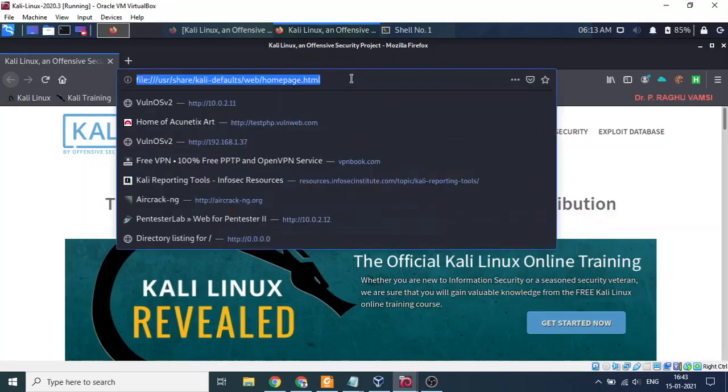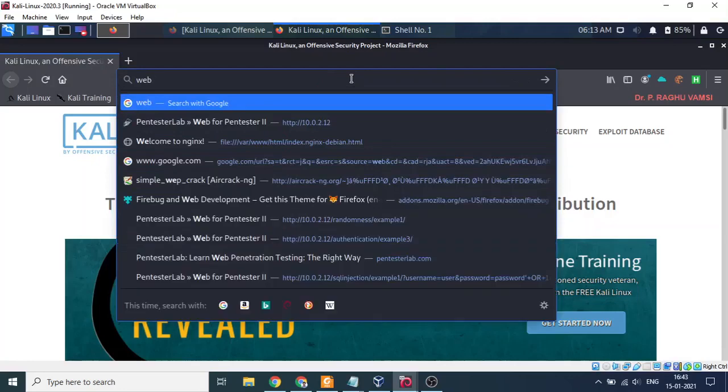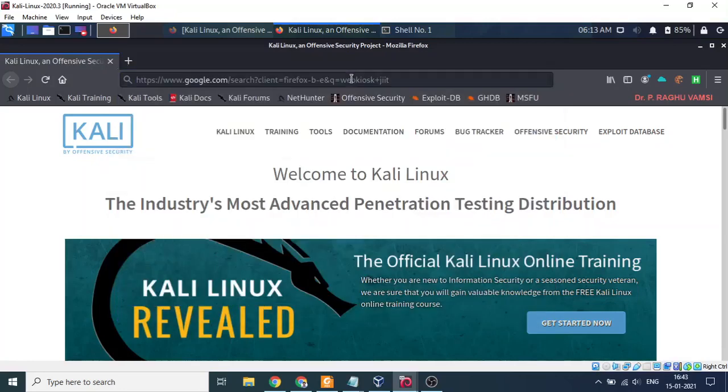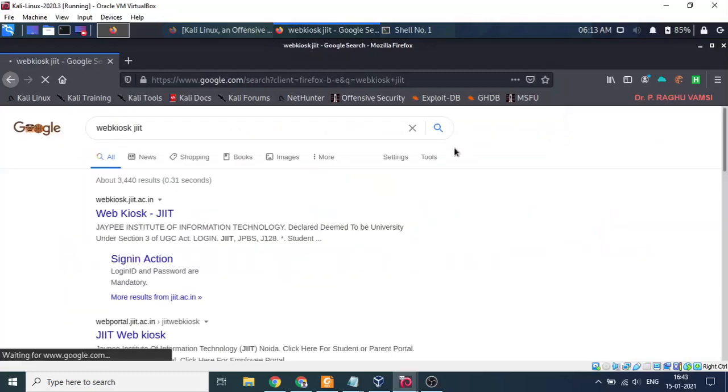You may browse anything like WebKiosk, JIT. Now here the incoming and outgoing traffic will be there.